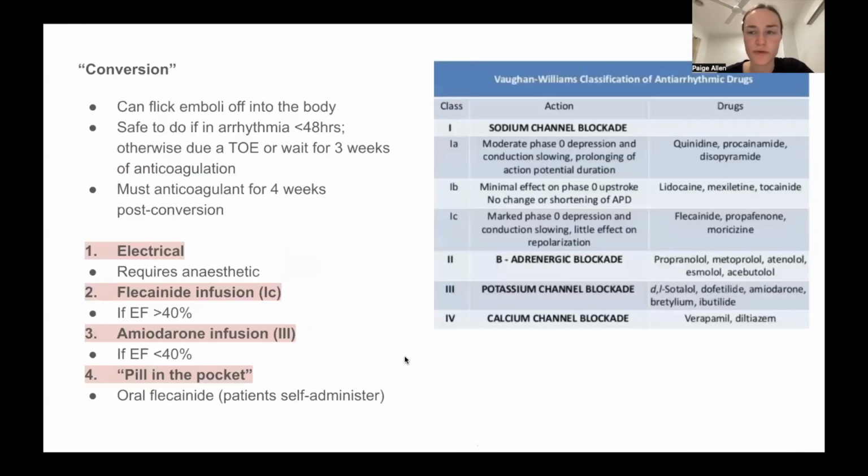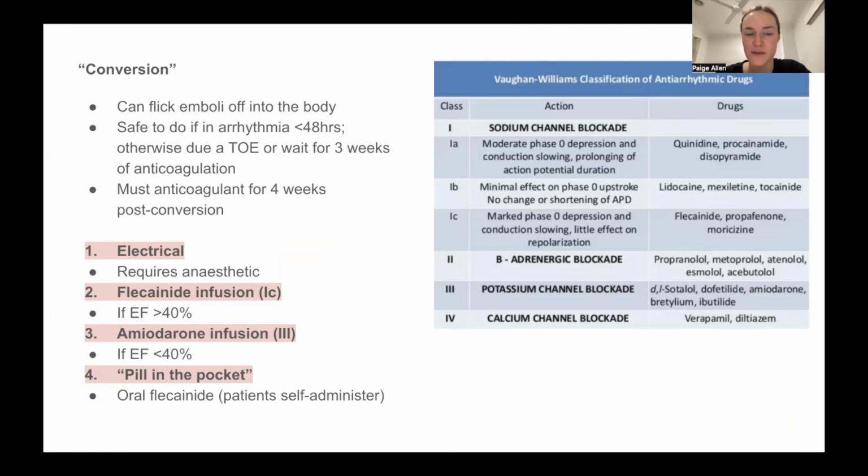And then, yes, that is our management. So if we talk about conversion, we have to consider how cardioversion and coagulation play a role together. The biggest thing to know is that when you cardiovert someone, it can cause emboli to flick off into the body, so you can have your risk of stroke and everything. So the guideline is that if you've had this arrhythmia symptomatically for less than 48 hours, then it's safe to do cardioversion because they're suspecting you wouldn't have had enough time for an embolus to build.